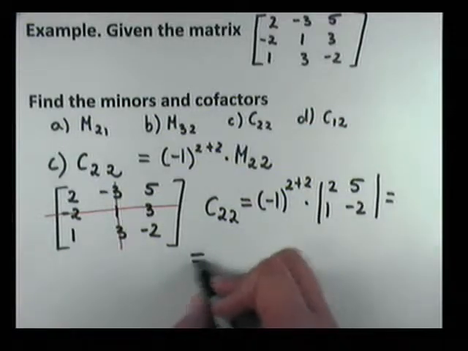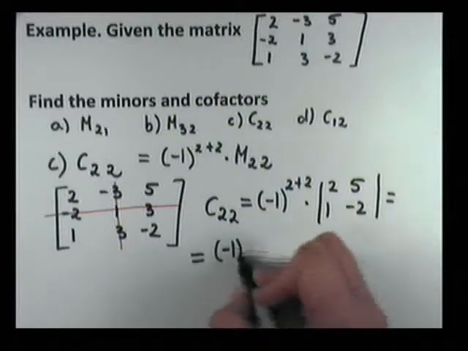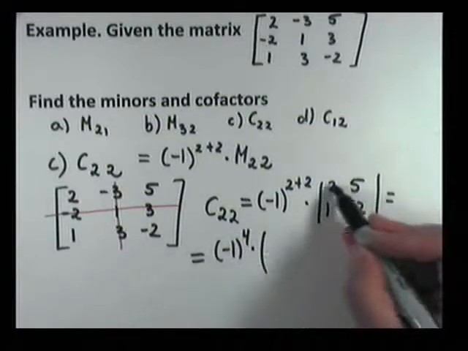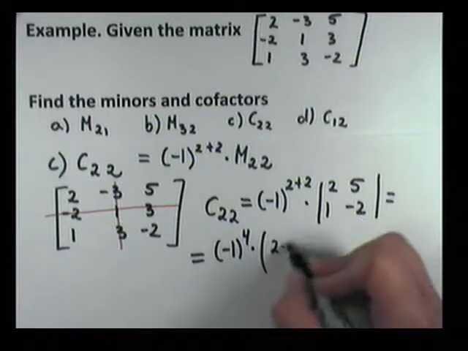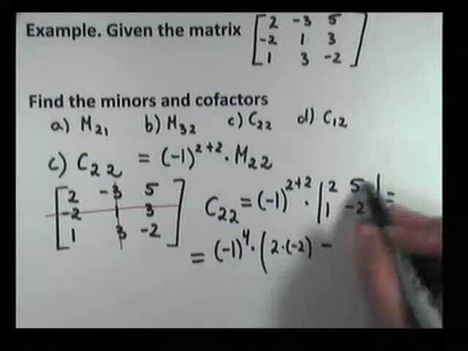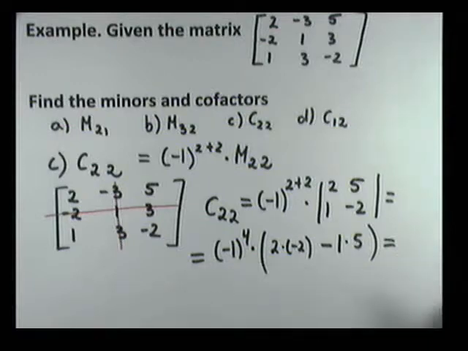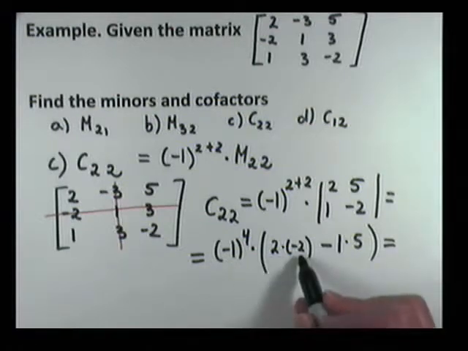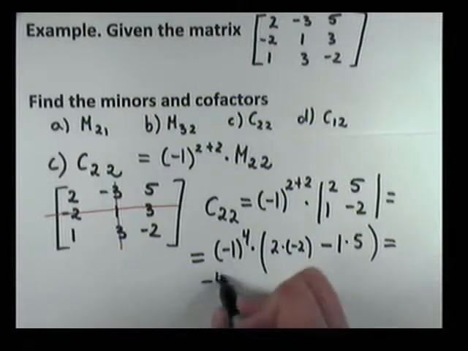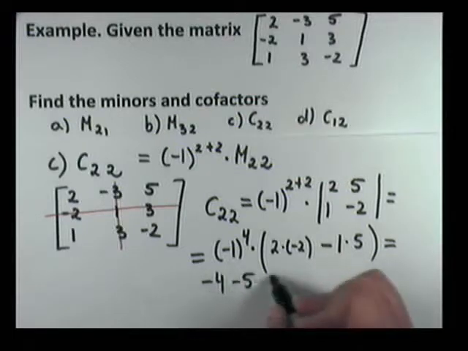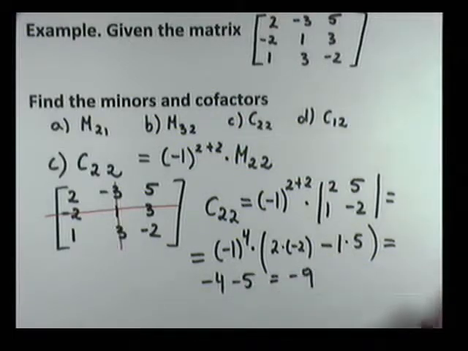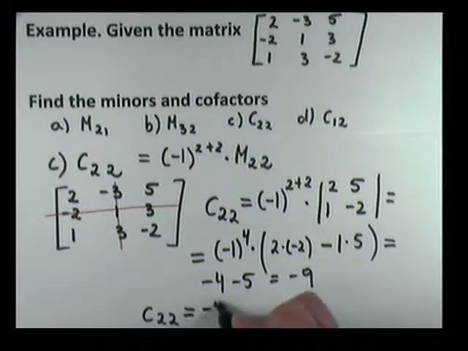So this is minus 1 to the power 4 times cross multiply 2 times minus 2 minus cross multiply 1 times 5. Put it in brackets because we need to work this out. Minus 1 to the power 4 is 1, 2 times minus 2 is minus 4, and minus 5, so this is minus 9. So the cofactor of 2,2 is nothing else but minus 9.